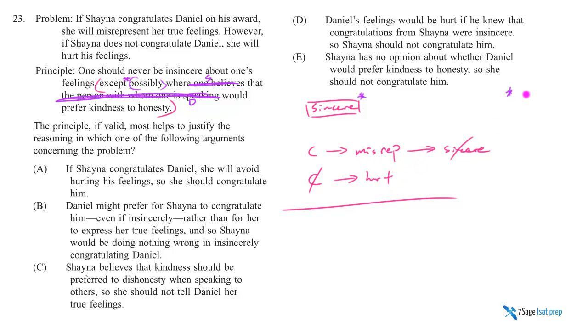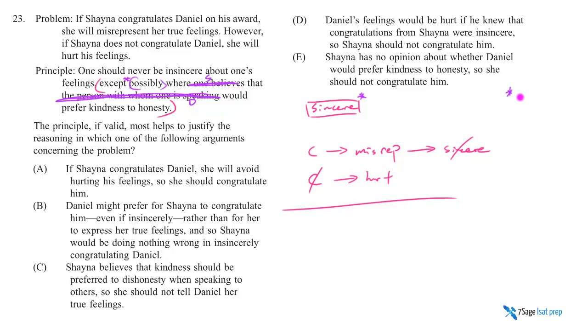So, okay. If it's true that Shayna believes, see, and we don't know this, right? Do we have any facts about Shayna's knowledge state of Daniel's character? Pretend you're Shayna. I wonder if Daniel's a softie. I wonder if Daniel prefers to be told that he's beautiful, intelligent, even though I think he's ugly and stupid, right? Or do I think that Daniel is actually just tough and can take it, right? Would prefer honesty, right?